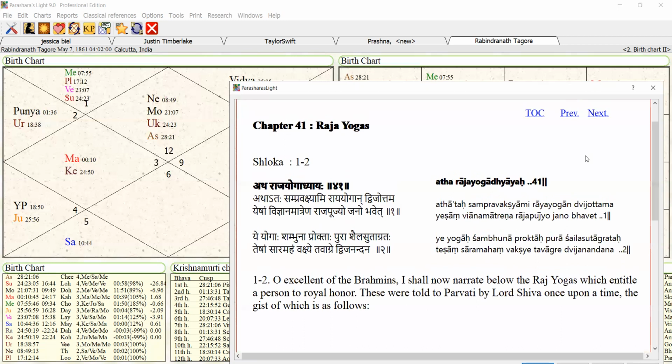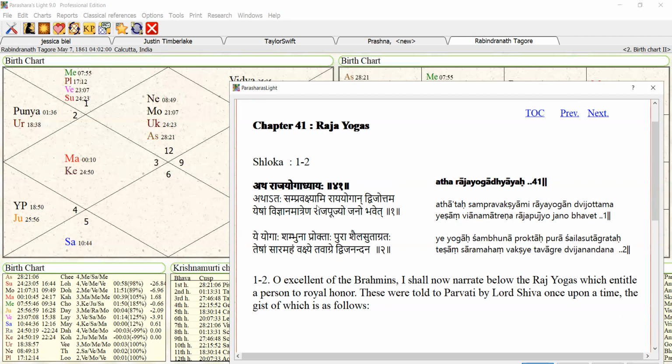It gives you the Devanagari, the transliteration, and the translation. Now, there are bound to be little mistakes here. I think there should be Raja Yogan.